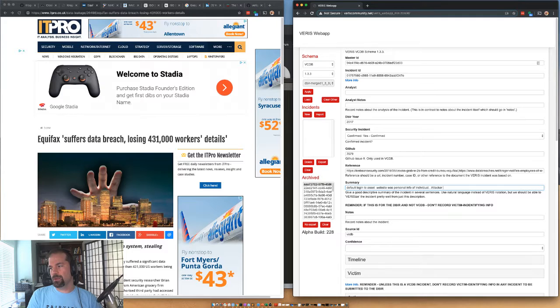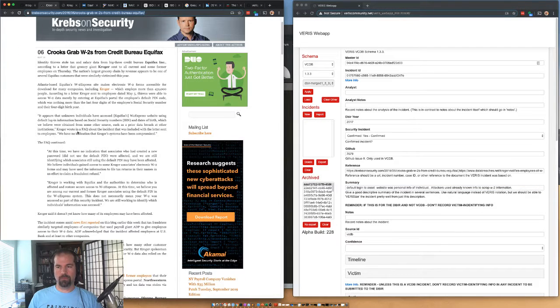Attackers used already known info to scrape W2 information. You know, I wonder if Equifax should be the victim, because they talk about Kroger, but they just mentioned that Kroger was one of the companies. And so, I think Kroger is more of a secondary victim, and really this is Equifax as the primary victim.